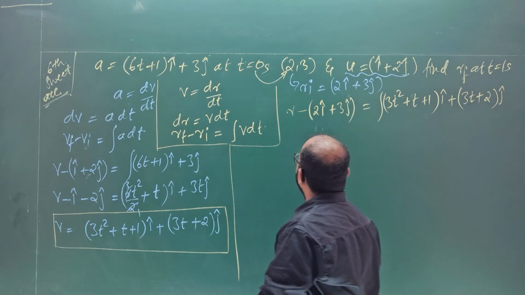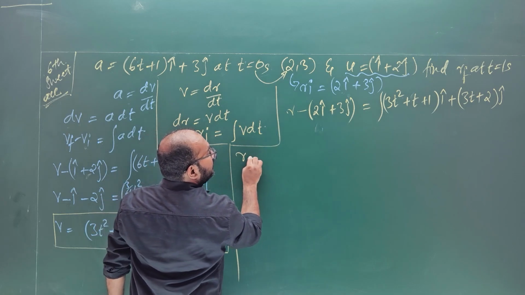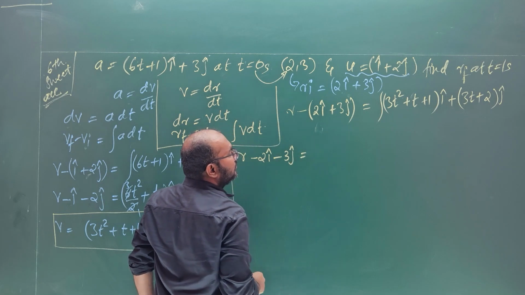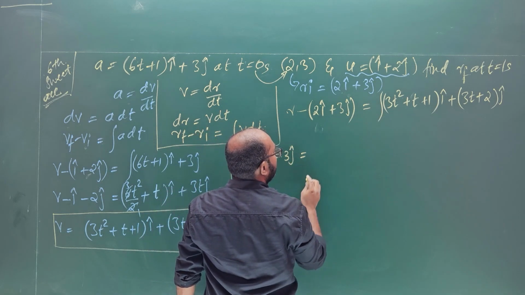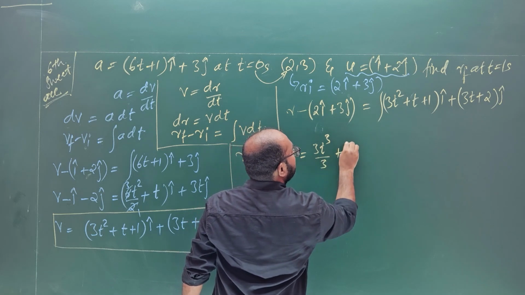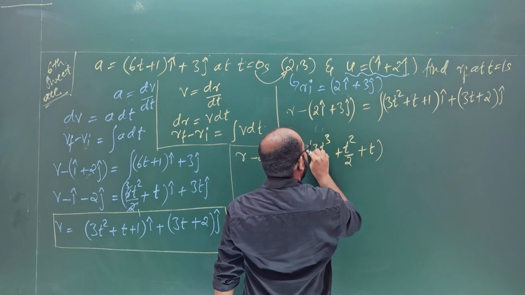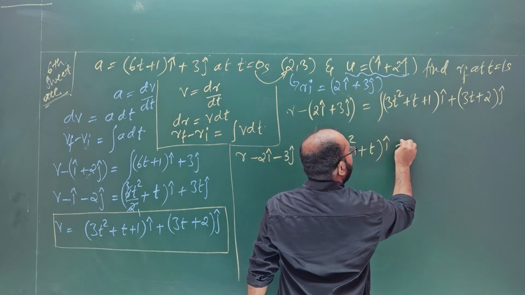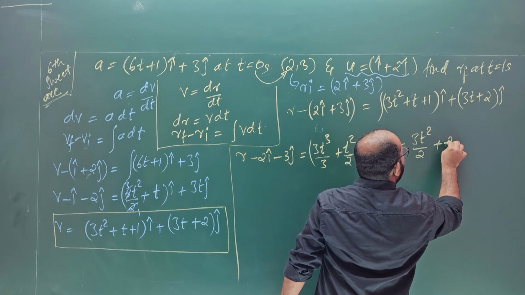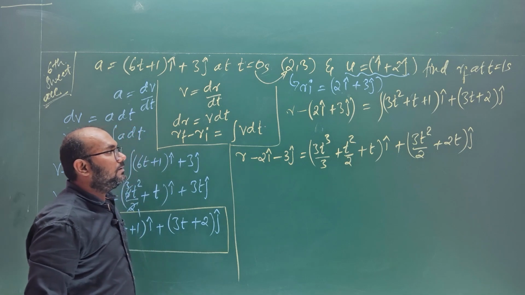Okay. Now the same thing can be written as r minus 2 i cap minus 3 j cap, which is equal to the integration of that. This becomes 3t cube upon 3 plus t square upon 2 plus t i cap, plus 3t square upon 2 plus 2t j cap. Okay.